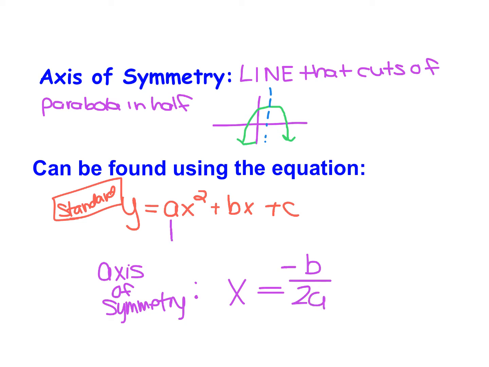Those values for a and b come directly out of your standard form. So again, we calculate our axis of symmetry by taking x and setting it equal to -b, or opposite of b, all divided by 2a.